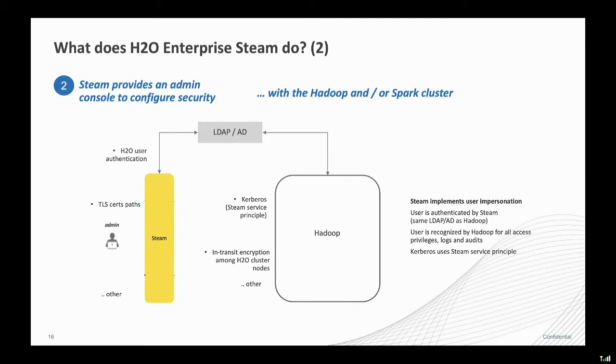One thing it does is it allows authentication against the same LDAP that Hadoop uses, and the user authenticates into Steam. On Steam, you can manage all the certificates for making secure connections and stuff like that. You can configure the Kerberos authentication through Steam.